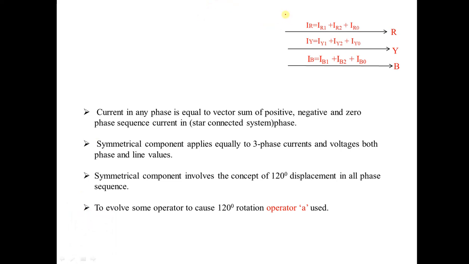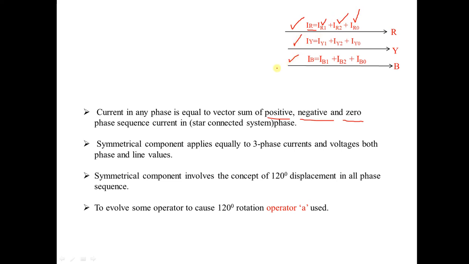Any current in any phase, R, Y or B, is equal to the sum of its positive, negative and zero sequence components, assumed in star connected phases: for R phase, positive, negative, zero sequence, and similarly for Y phase and also for B phase.